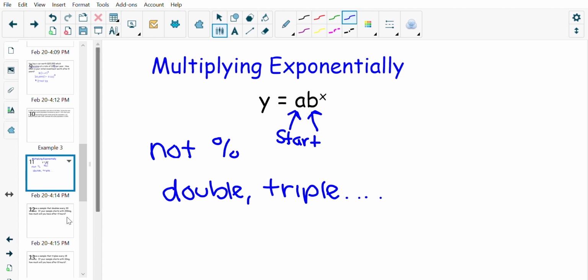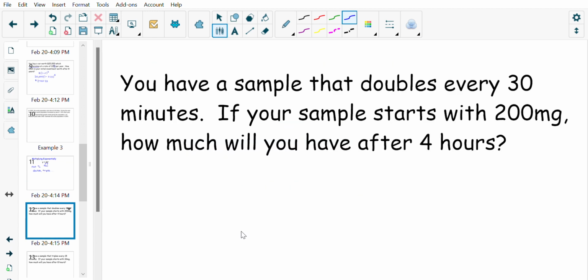So let's look at one of those kinds of problems. We have a sample that doubles every 30 minutes. Your sample starts with 200, and we want to know how much we have after 4 hours. So notice again, we don't see a percentage sign. So that's how I know I have to use this formula. So I start with 200, and then I am doubling, so that b value is 2.